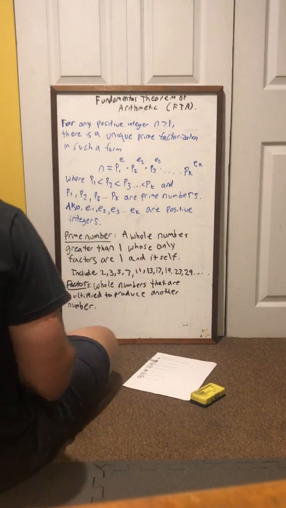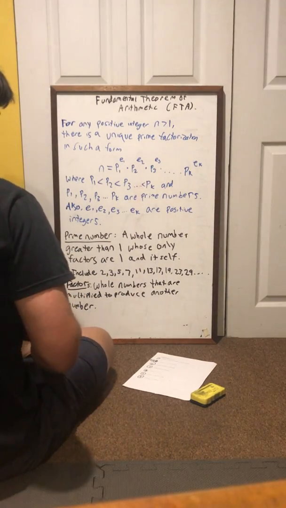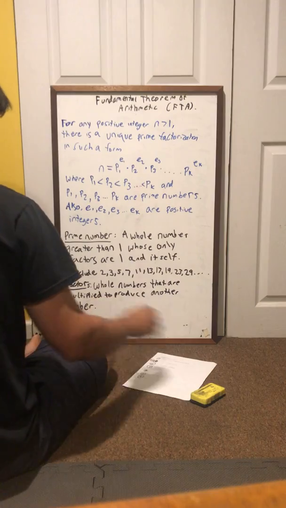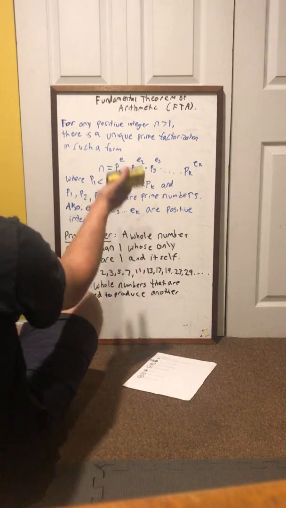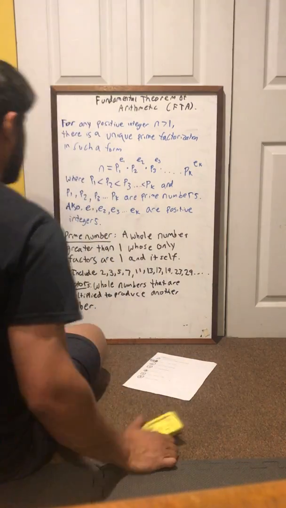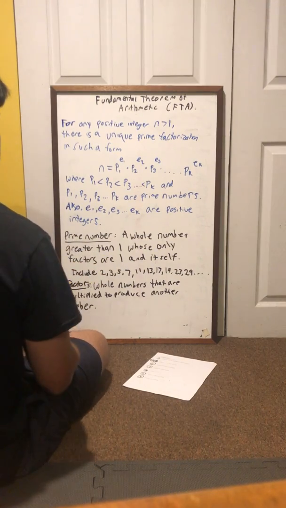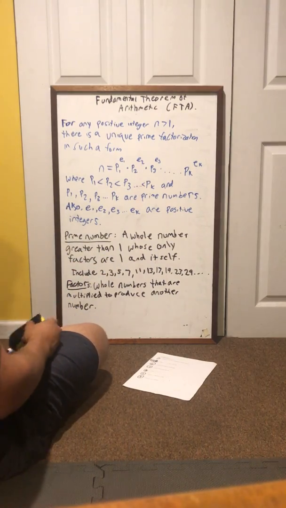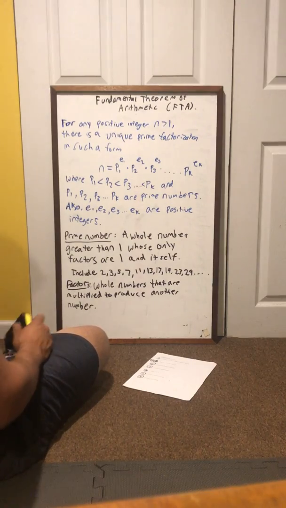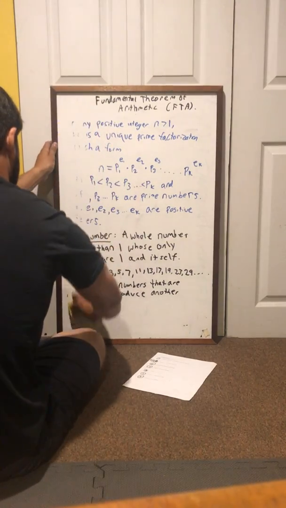So we have the definition of factors here. Now, to give an example of the fundamental theorem of arithmetic, we're going to use a factor tree. So we'll take note of all the stuff we have here. Now the factor tree.